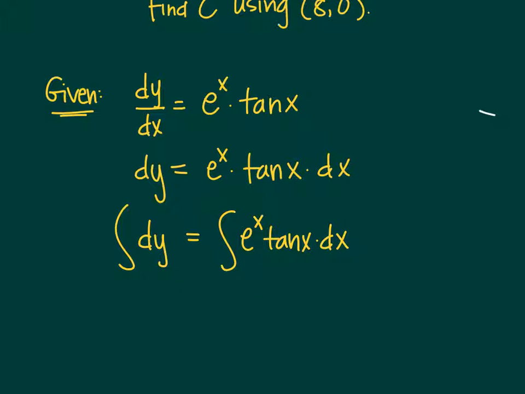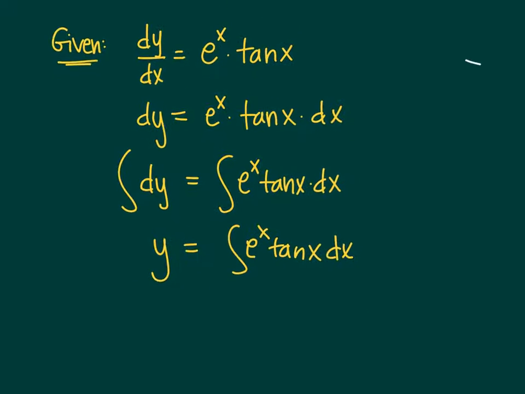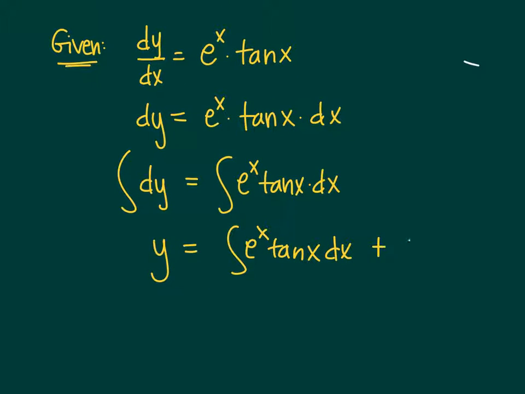On the left side, an integral and d, which is derivative for differential, cancel each other out, and we have y alone. On the other side, we do not know yet how to do e to the x times the tangent of x, because I haven't taught you the antiderivative for the product rule yet. So you're going to have to leave it e to the x tan x dx. But we do know that there will be a plus c on here.